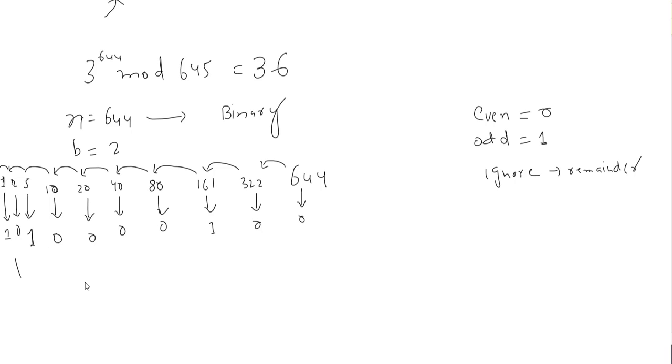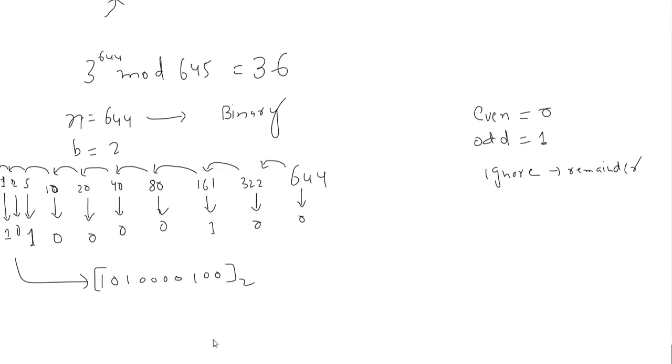So let me write it here so that this becomes quite easy to see: 1, 0, 1, 1, 0, 0, 0, 0, 1, 0, 0. So this will be our binary result.